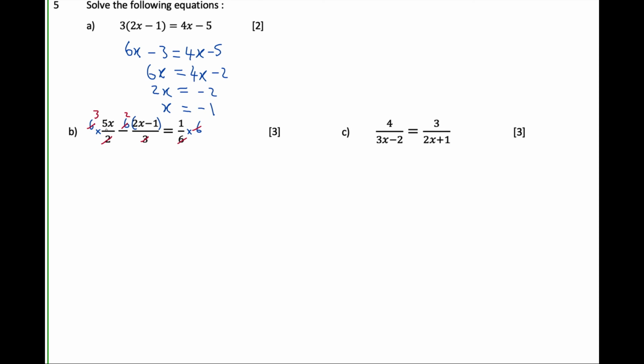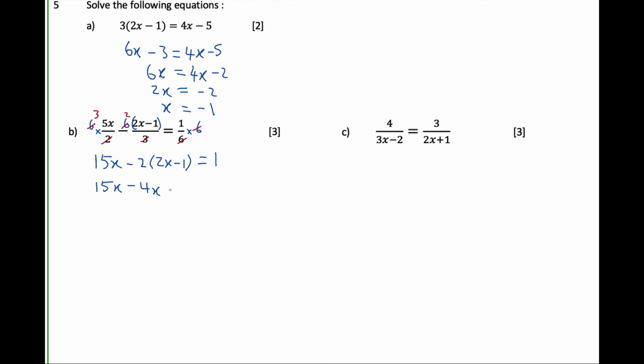Now we have 3 times 5x to give 15x. Minus 2 bracket 2x minus 1. We keep the brackets on to remind us to change sign. Now we have 15x minus 2 times 2x, minus 4x.